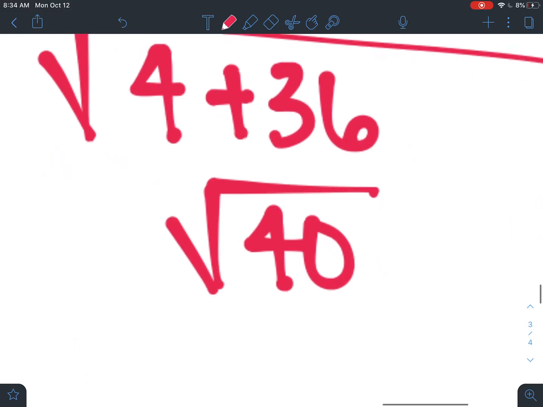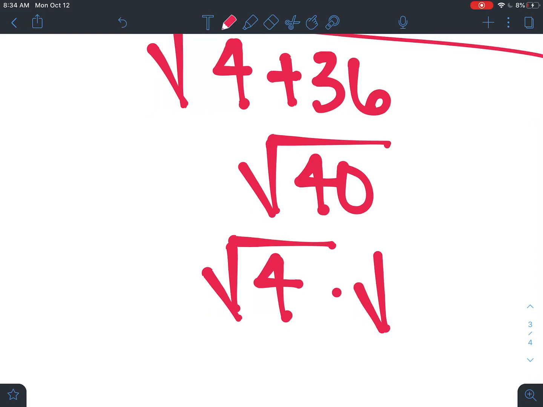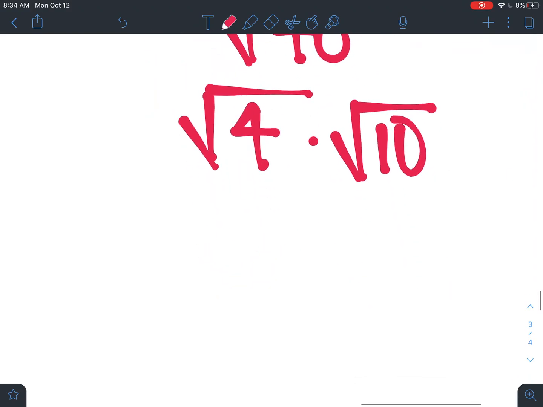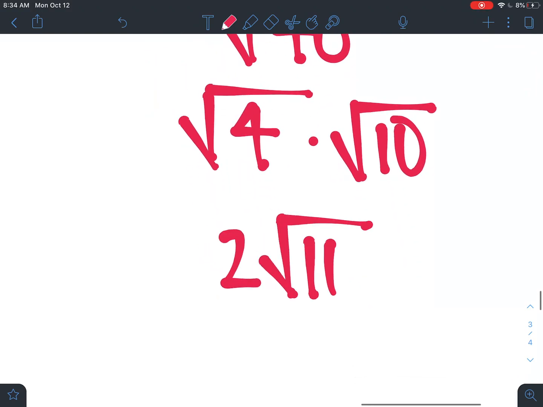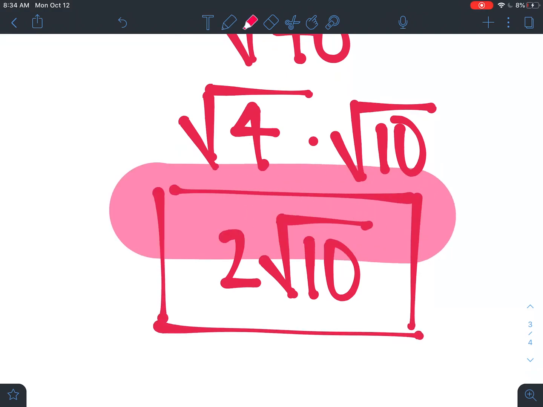And again, I need to simplify that. So the biggest perfect square that goes into 40 is 4. So this becomes the square root of 4 times the square root of 10, which is 2 times the square root of 10. And that is your final answer.